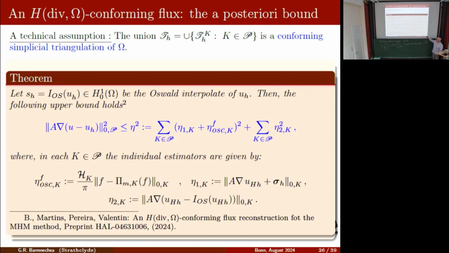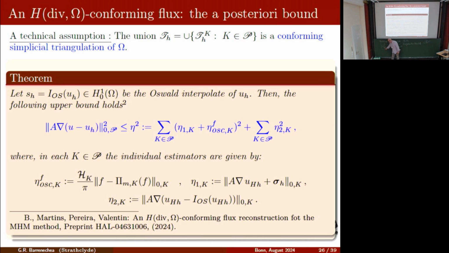So it's very much based on this term here, plus an estimator taking into consideration the fact that we don't have a conforming solution. So this is just the Oswald operator of the discrete solution. The Oswald operator is exactly the same discrete solution inside each one of the elements.